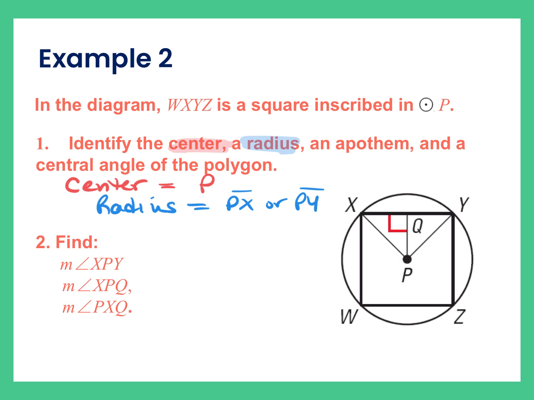You could also name the radius XP or YP. The order doesn't matter. The next thing they want us to name is the apothem. Remember, the apothem is the perpendicular distance from the center to the side of the polygon. So my apothem is right here, it's PQ.